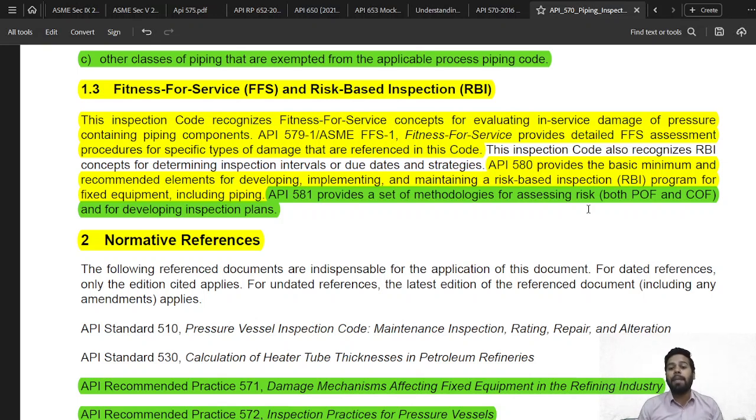API 580 provides the minimum and recommended elements for developing, implementing and maintaining a risk-based inspection program for fixed equipment, including piping. API 581 provides the set of methodologies for assessing both probability of failure and consequences of failure for developing the inspection plan. So either of these approaches can be taken to assess the condition of the piping that you are inspecting.